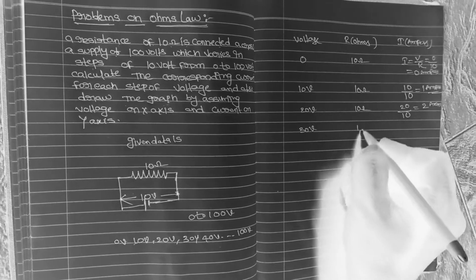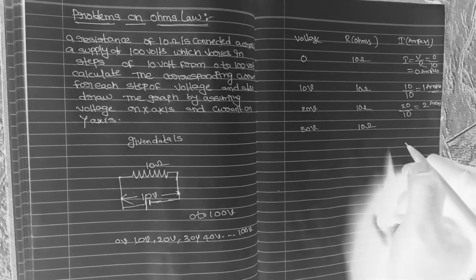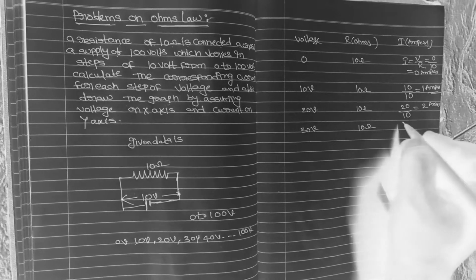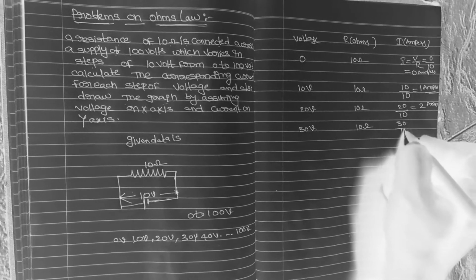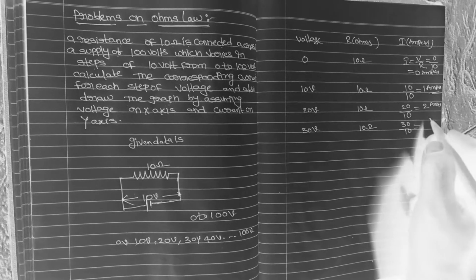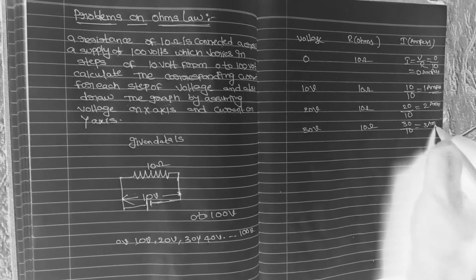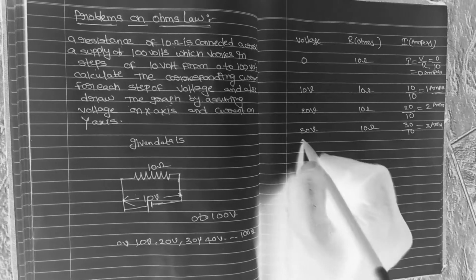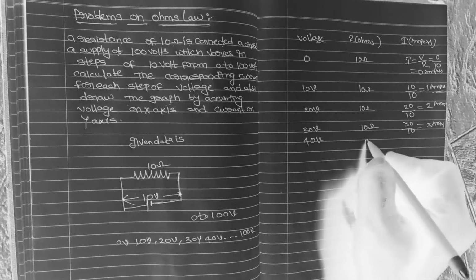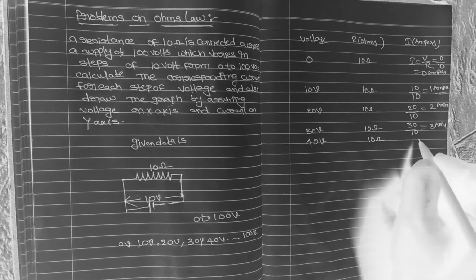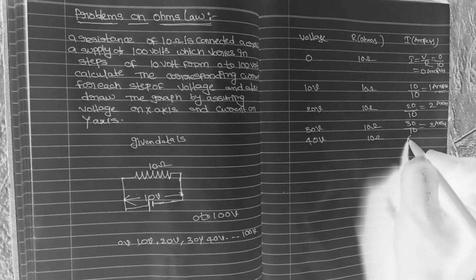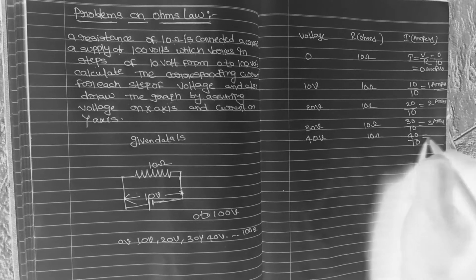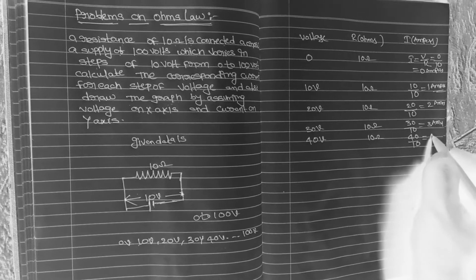Next at 30 volts, also 10 ohm resistance, so 30 by 10 gives 3 amperes. We have to calculate like this up to 100 volts. At 40 volts, also 10 ohm resistance, so 40 by 10 gives 4 amperes.